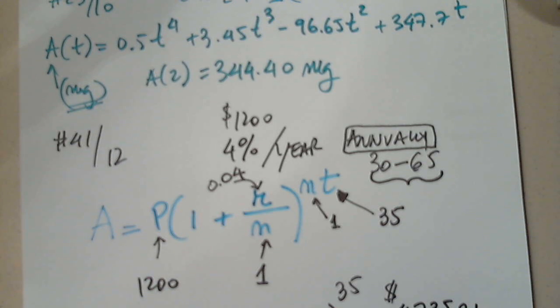How much of the total amount is from Sally's deposits? How much is interest? Every year from age 30 until she retires. If Sally deposits $1,200 per year and the account earns an interest rate of 4% per year, compounded annually, how much will she have in the account when she retires?